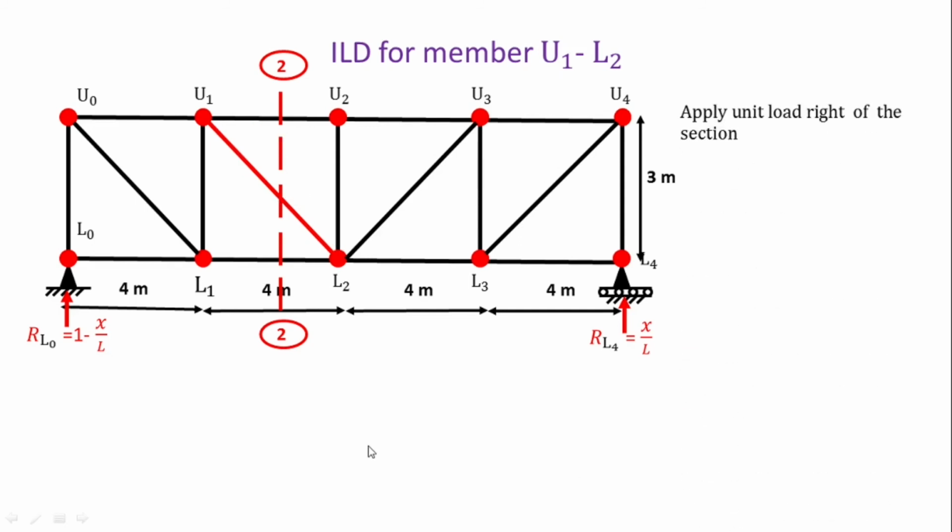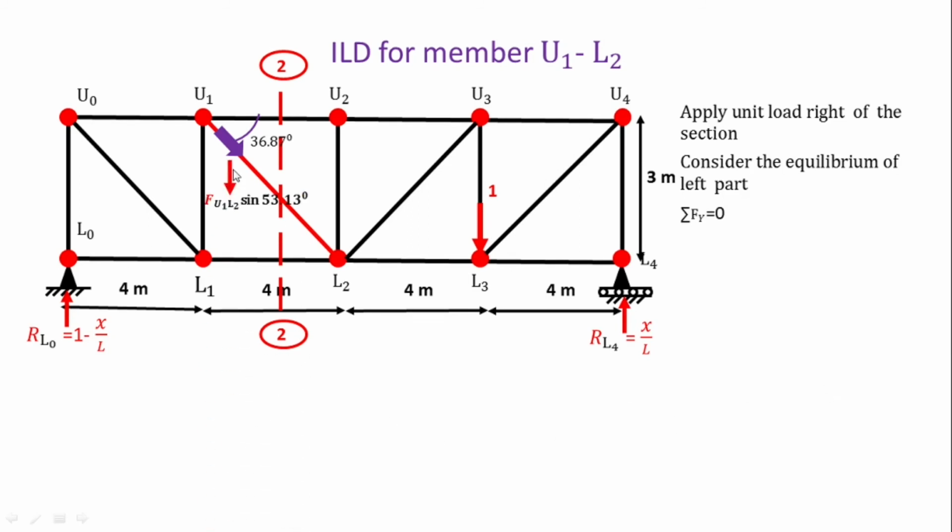Now move this load to L3. Apply the unit load on L3 and consider the left hand side of this section as the equilibrium condition. Again we are assuming that this member is subjected to the tensile force, and again we are considering the sigma Fy condition here.